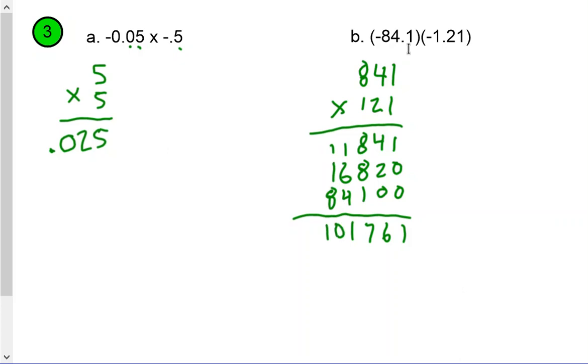Now going back up, we got 1, 2, 3 places to the right of the decimal, so our answer is going to be 101 and 761 thousandths.